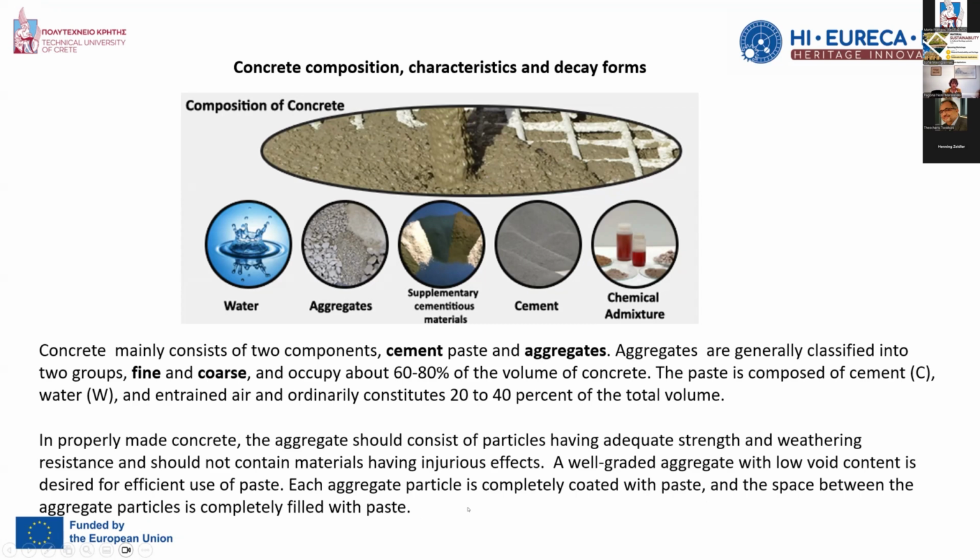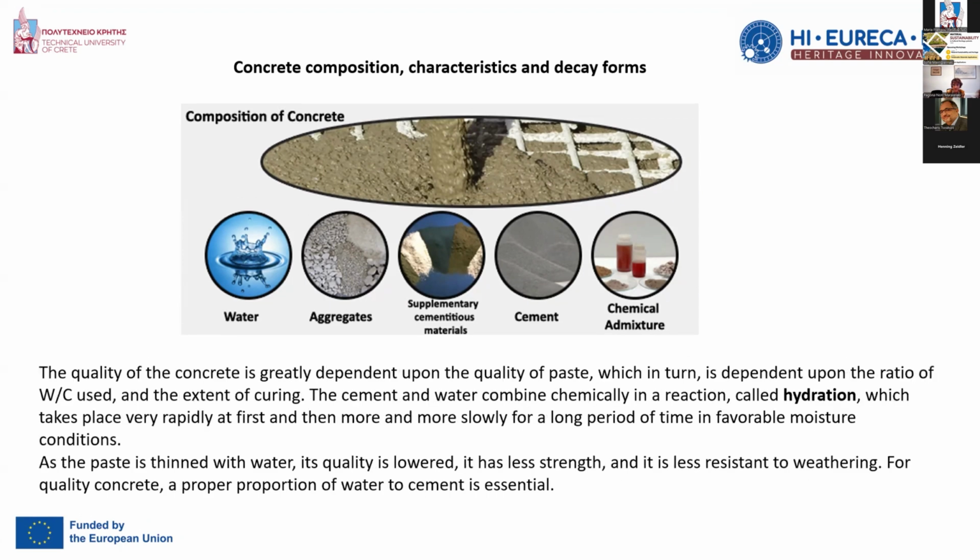And in this mix, each aggregate particle is completely coated with a paste, and the space between the aggregate particles, of course, is completely filled with the paste. So the quality of concrete is greatly dependent upon the quality of the paste, and an important factor that determines this quality of concrete is the water to cement ratio that is used.